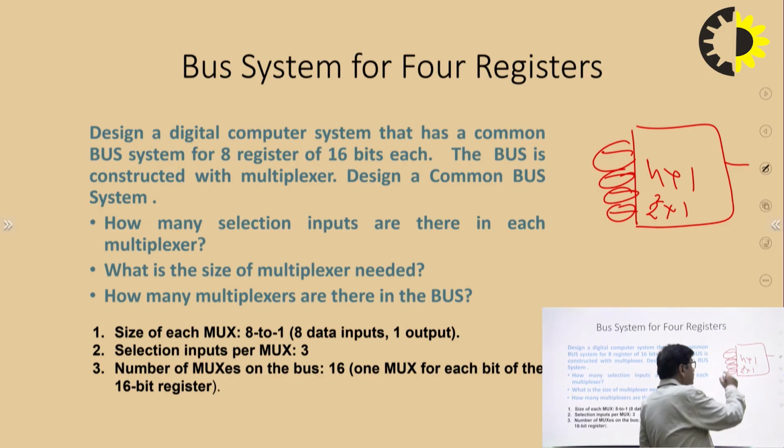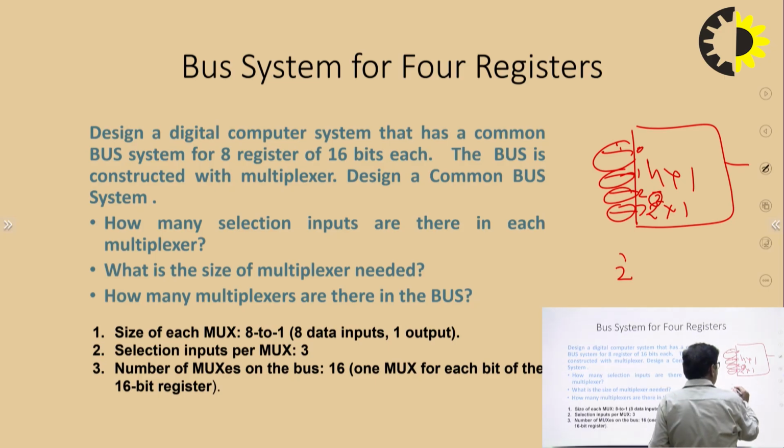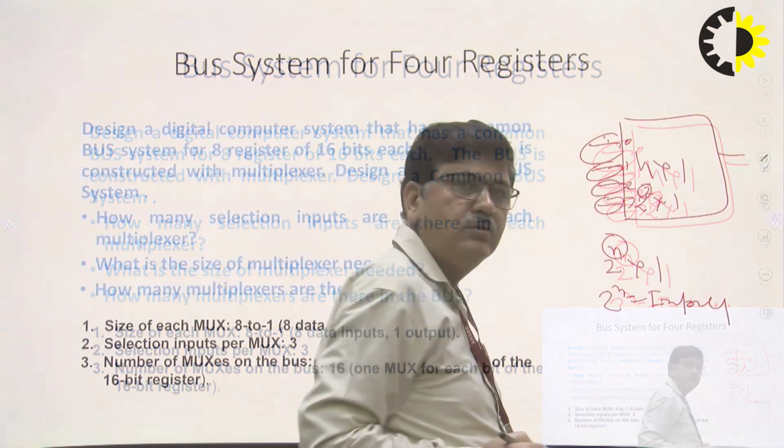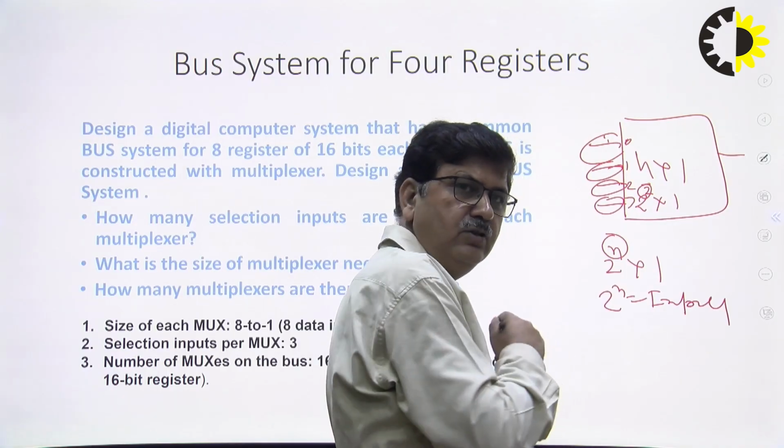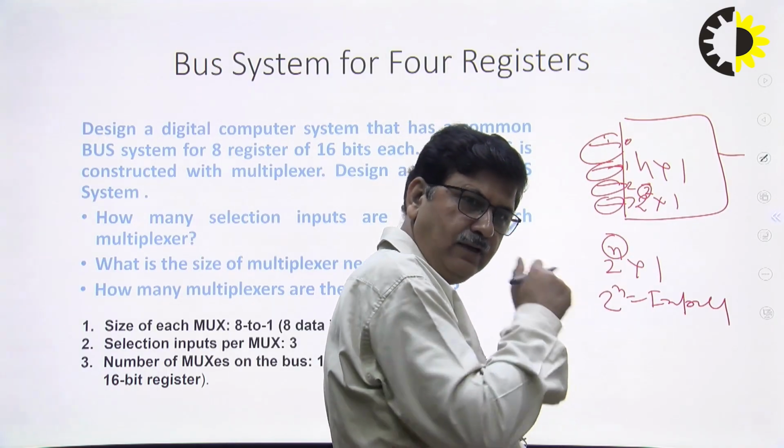And these inputs 0, 1, 2, 3 are selected using the selection lines. When we write 2 power n into 1, this n is called the selection line and 2 power n is the number of inputs of the multiplexer.